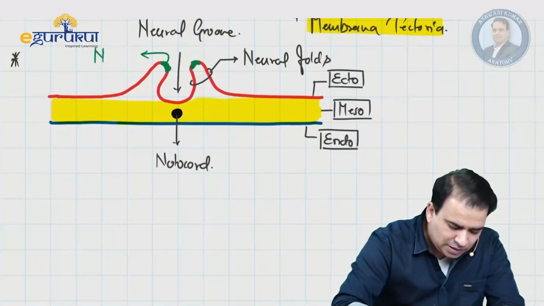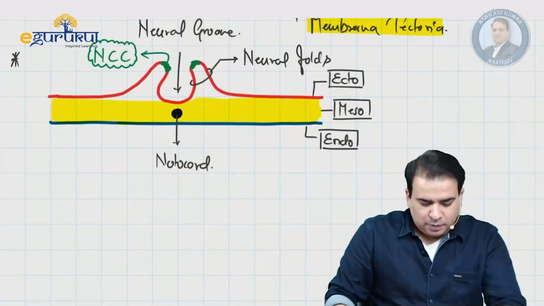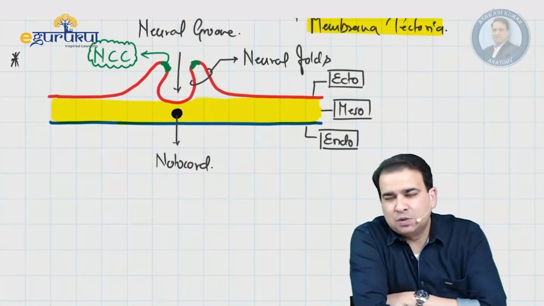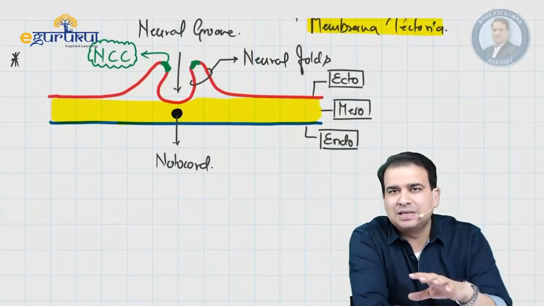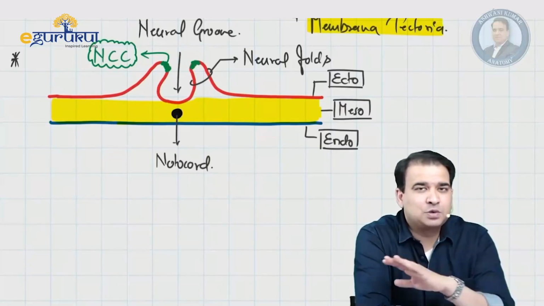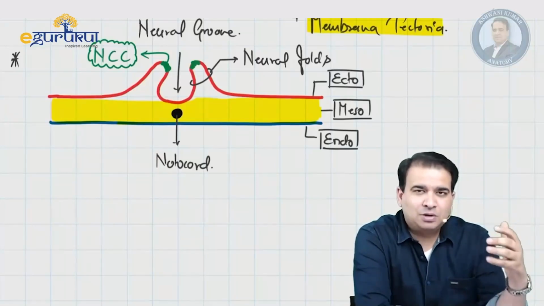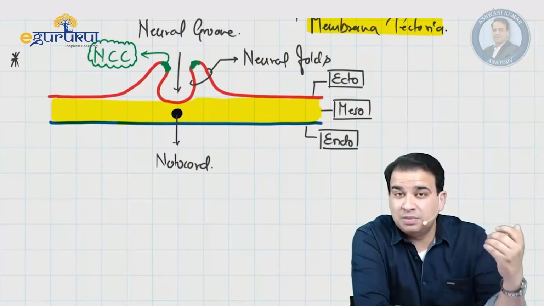The neural crest cells. One very, very important population of cells called the neural crest cells. Why is it so important? Because neural crest cells give rise to so many structures, an array of structures, and that is one of the reasons many authors have started calling it the fourth germ layer also.